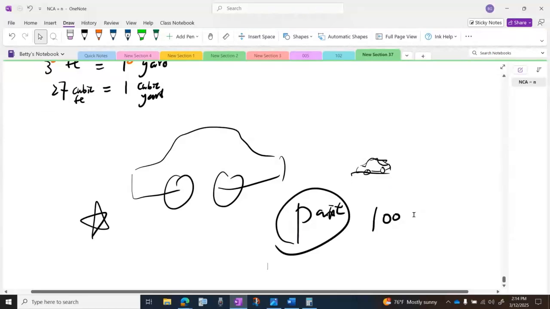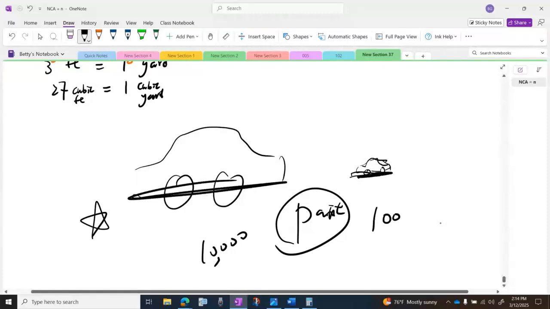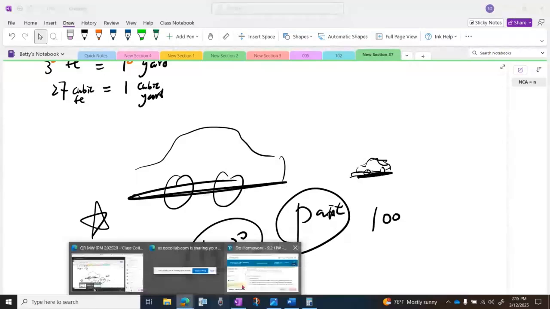So you are going to save 10,000 times the paint. Say this lens is 100 times bigger than this lens, and how much paint do you save? You save this much because paint is a 2-dimensional idea. It's very interesting, this. So let's do this one.